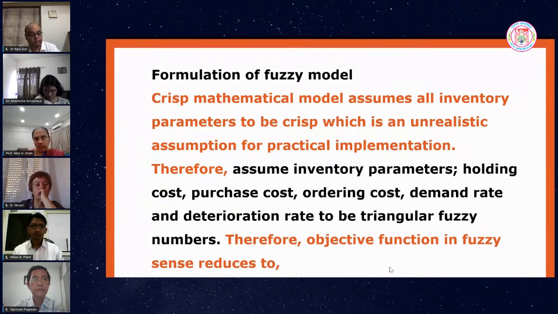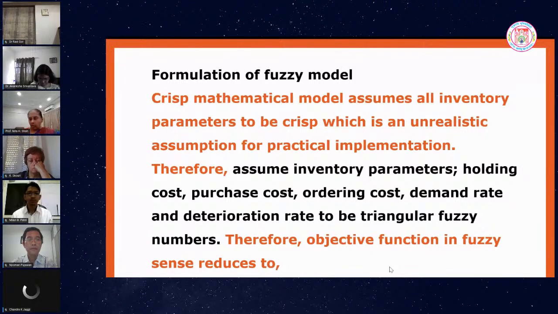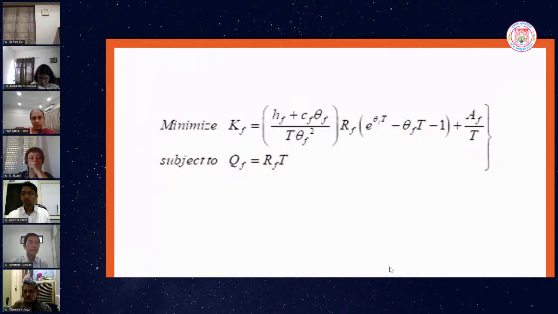The CRISP mathematical model assumes all the inventory parameters to be deterministic or constant, which is an unrealistic assumption for practical implementations. So, assume inventory parameters, holding cost, purchase cost, ordering cost, demand rate, and deterioration rate to be triangular fuzzy numbers. Now, using triangular fuzzy number, alpha cut, and Yager's ranking, the objective function in fuzzy sense reduces to this.